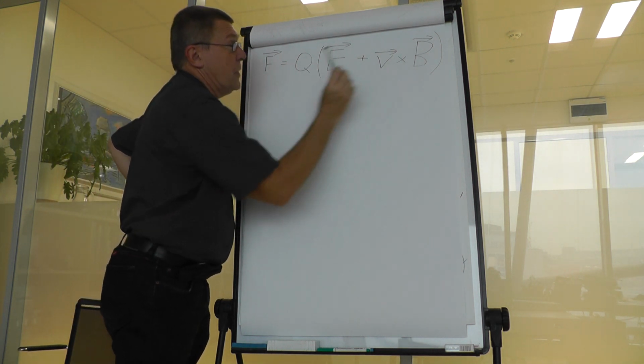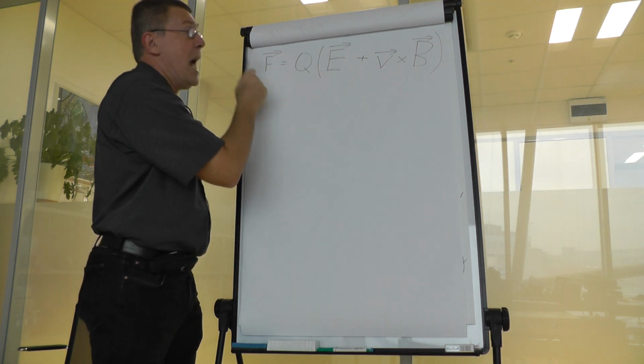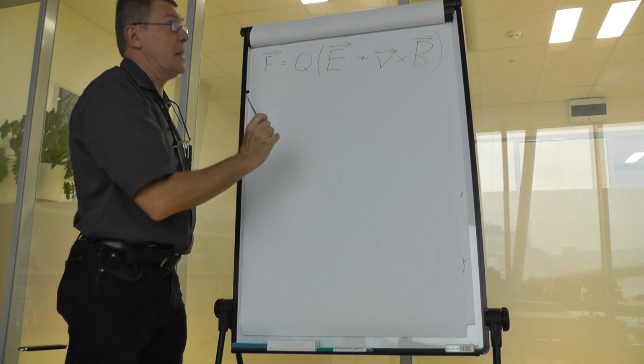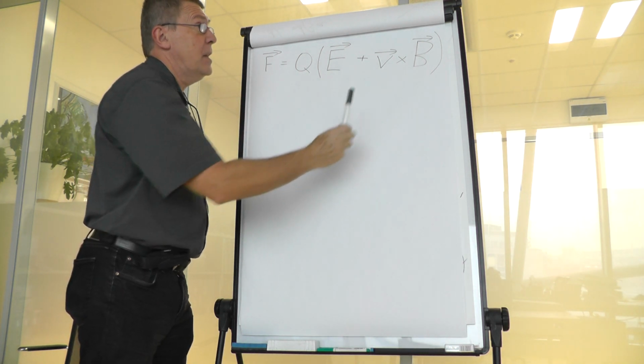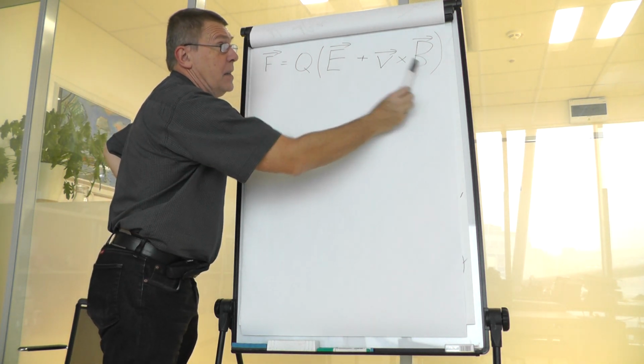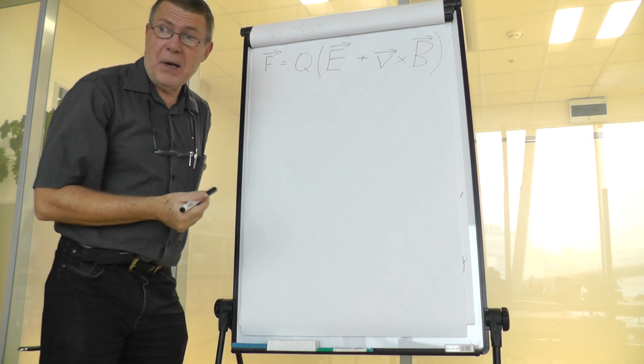Watching this part of the equation, we can say that the resulting force at any moment is perpendicular both to the magnetic field and to the velocity of the particle.